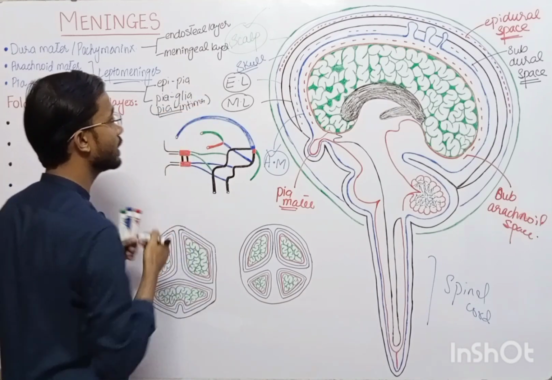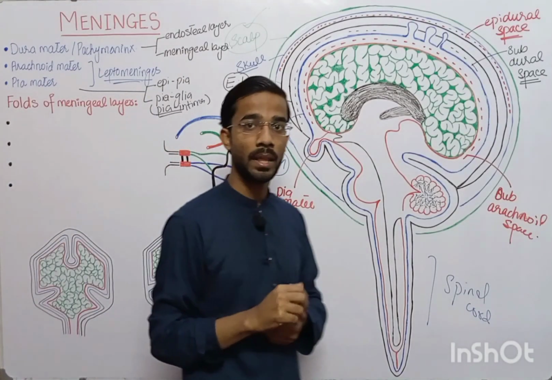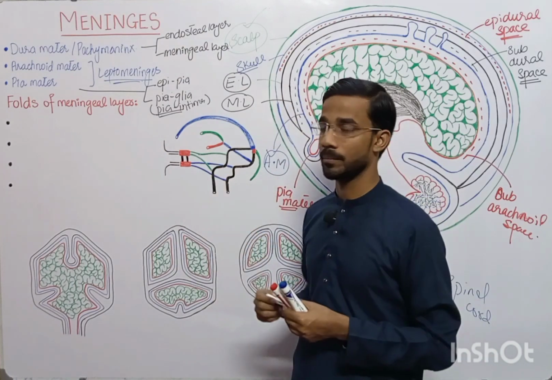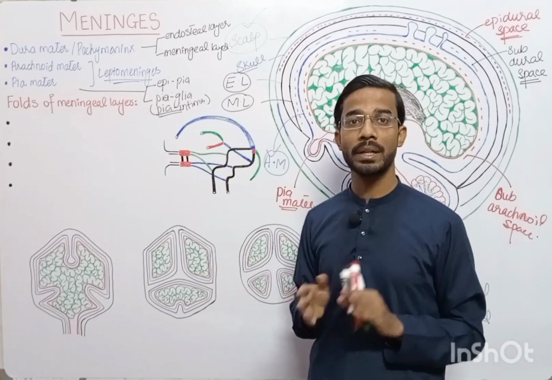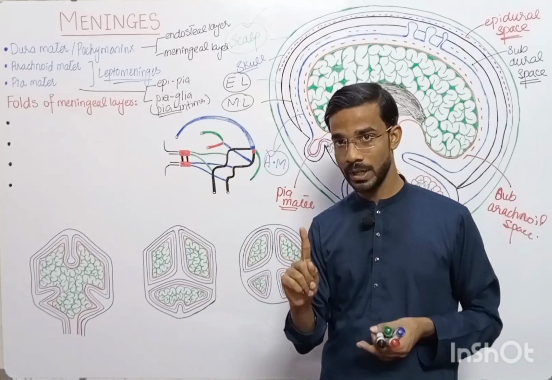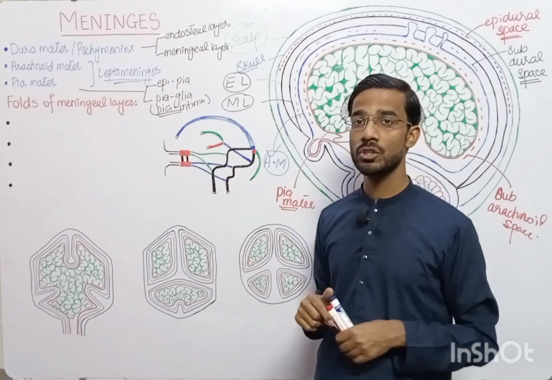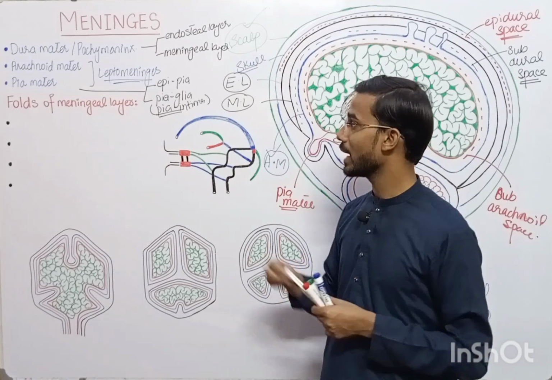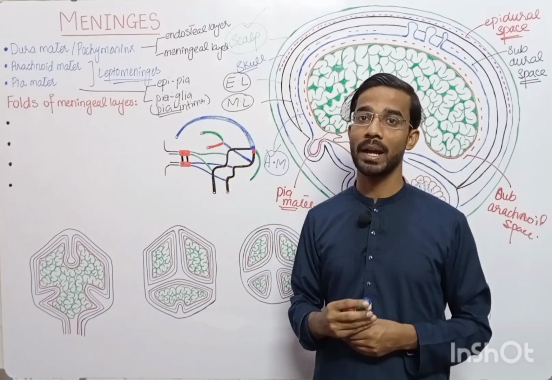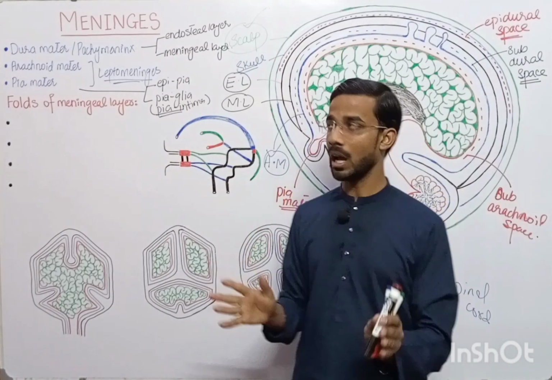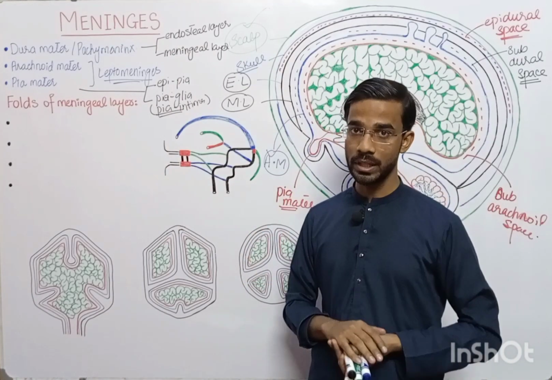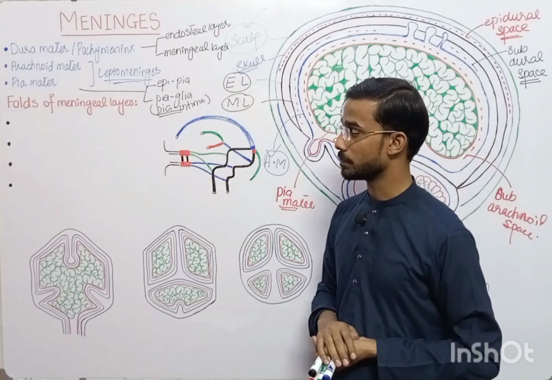So these are the two layers of the pia matter. Dura matter also has two layers, and arachnoid matter has only one layer, and pia matter has two layers, Epi-pia and Pia-glia, or you can say Pia-intima. So this is the general overview of the three layers of the meninges.